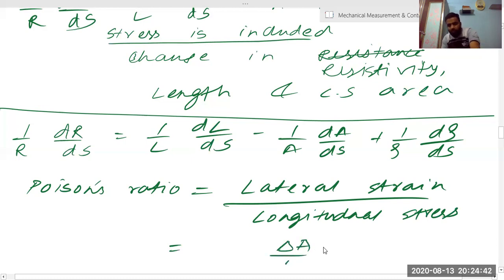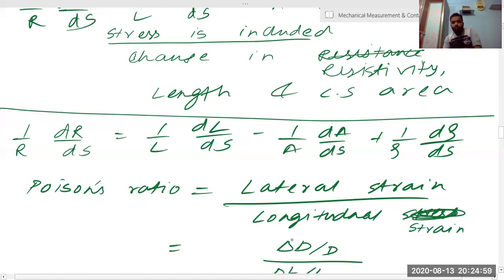But since it is strain, this is delta d by d, and the longitudinal strain, the change in length, will be delta L by L. Now we know that if the length of this material is increasing, its diameter will decrease.